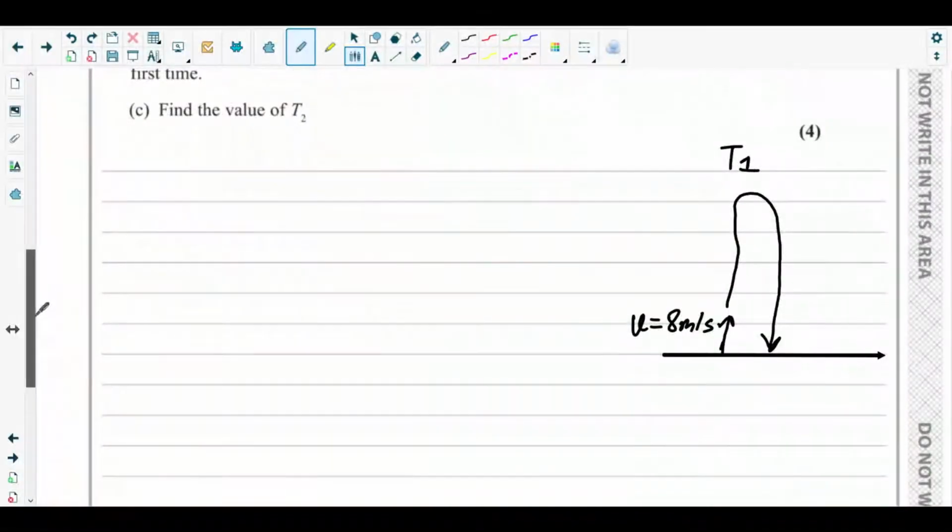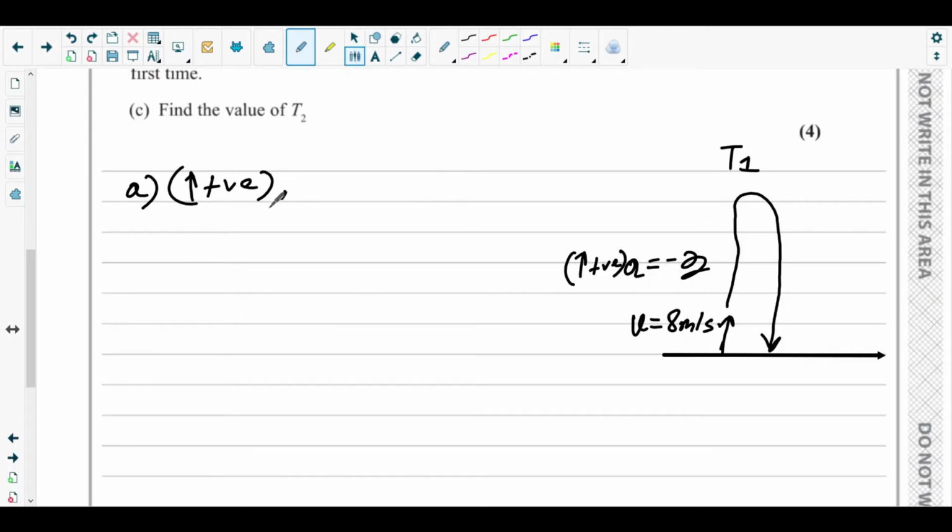Pretty simple. Look, initial speed is 8 meters per second, right? And acceleration is equal to what? Negative g, since we are taking upward as positive. So for part A, taking upward as positive, which formula will we consider to find the time? s equals ut plus half at squared. Now what's the value for s?